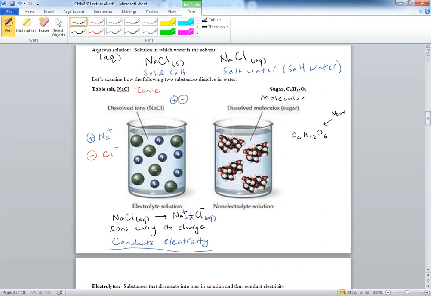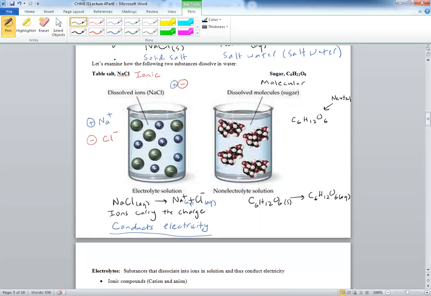There is no charge on it. So in this case, if I have sugar right here, C6H12O6 as a solid, this is going to become simply aqueous, which means it's dissolved in water.